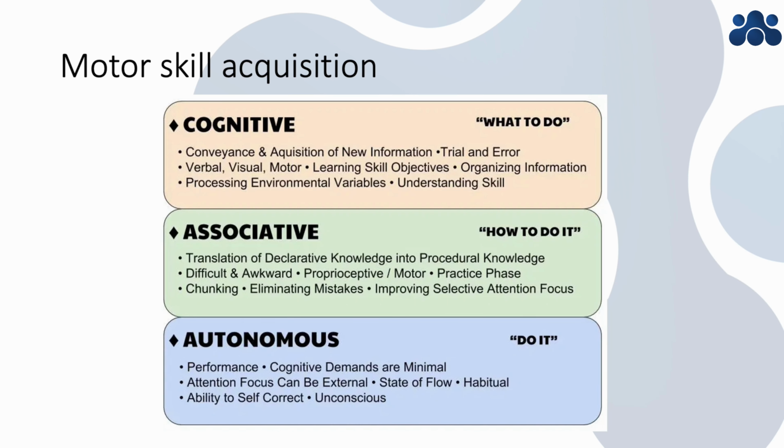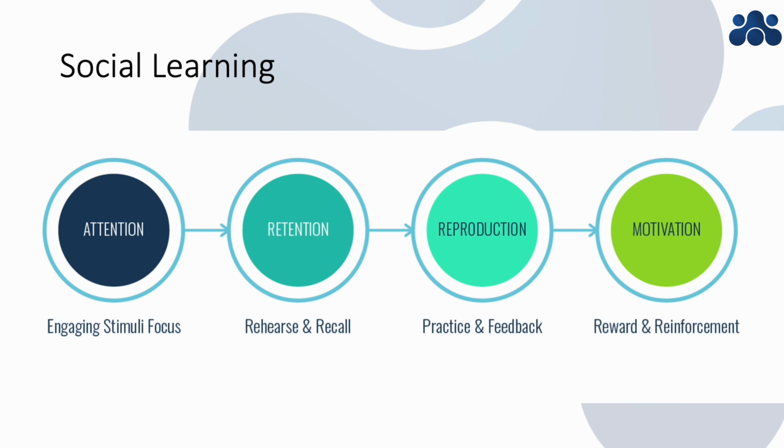Motor skill acquisition describes learning a skill starting from the cognitive stage, which is what to learn and how to do it, then the associative stage, and ending with the autonomous stage, in which you just do it. This is currently applied in our technique when we are performing surgery.